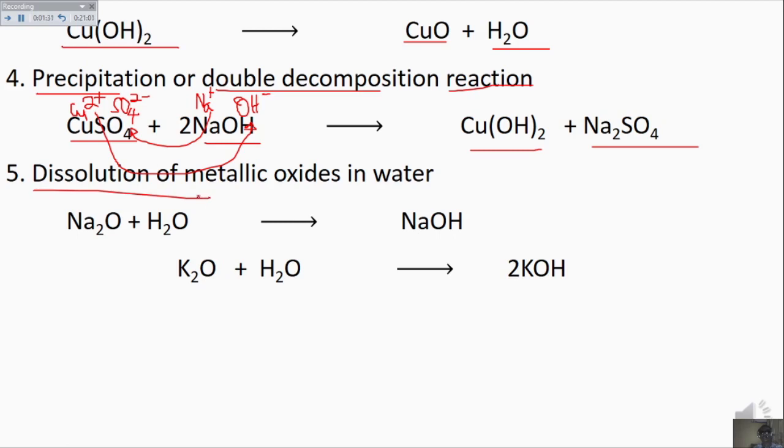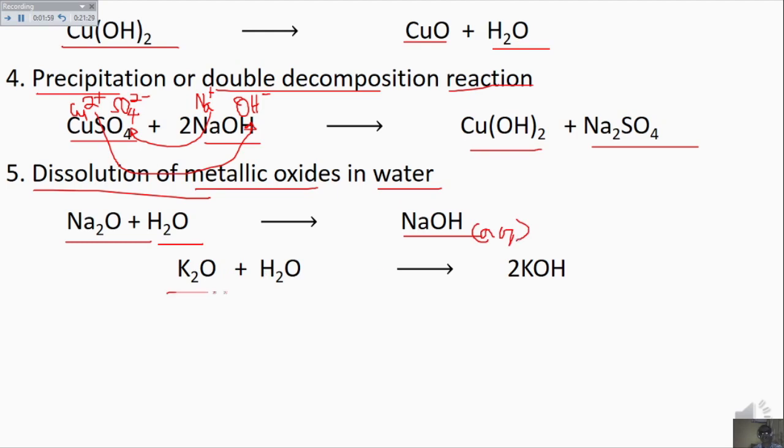Then we talk about dissolution of metallic oxides in water. Now when you have sodium oxide and you add water to it, what happens? It forms sodium hydroxide. Dissolving it in water, this will form what we call sodium hydroxide aqueous.